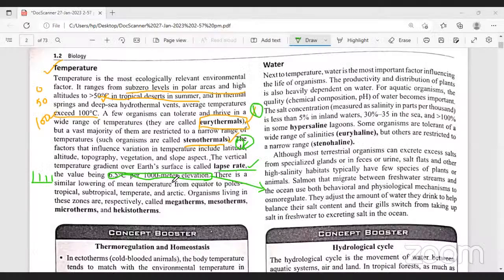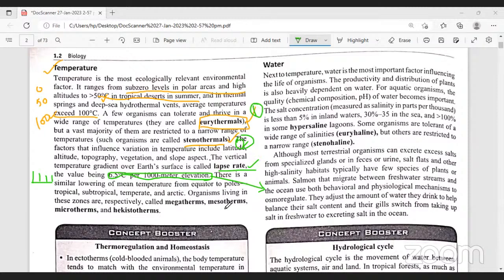See this one. So 6.5 per 1,000 meter elevation. There is a similar lowering of temperature from the equator to the poles. Organisms living in tropical, subtropical, temperate and Arctic zones are respectively called megatherms, mesotherms, microtherms and hexotherms. Mega means high temperature; such organisms grow in high temperature.